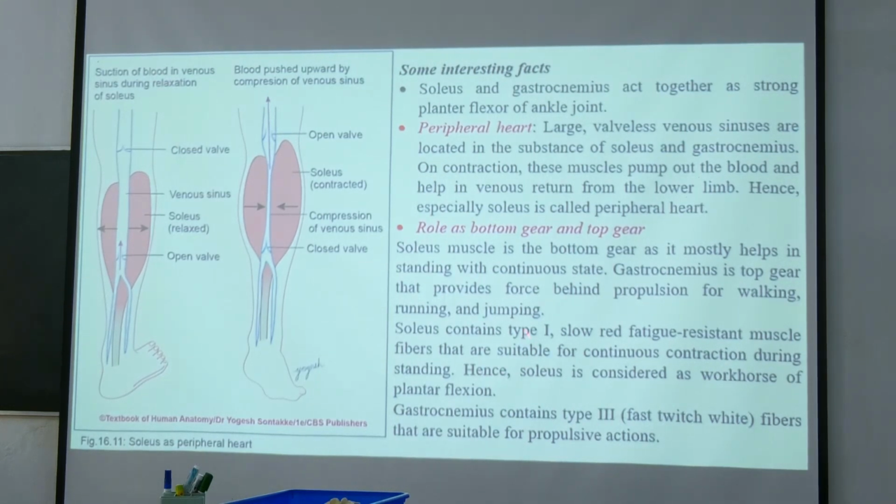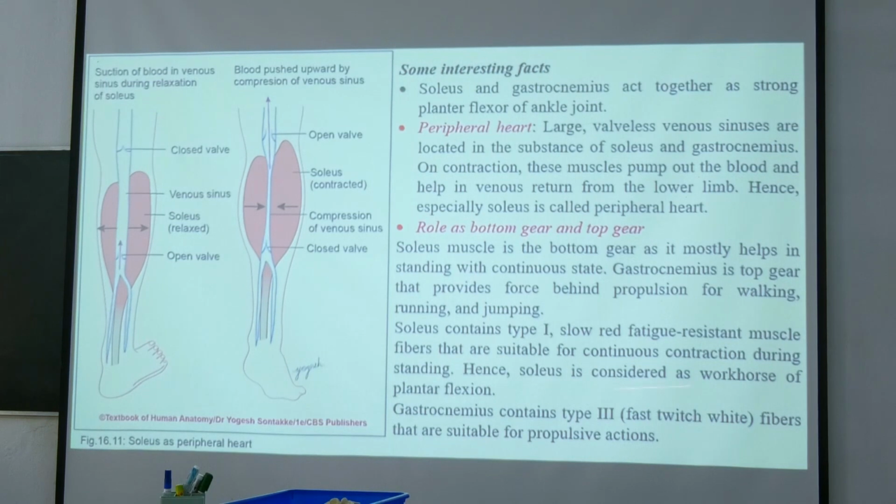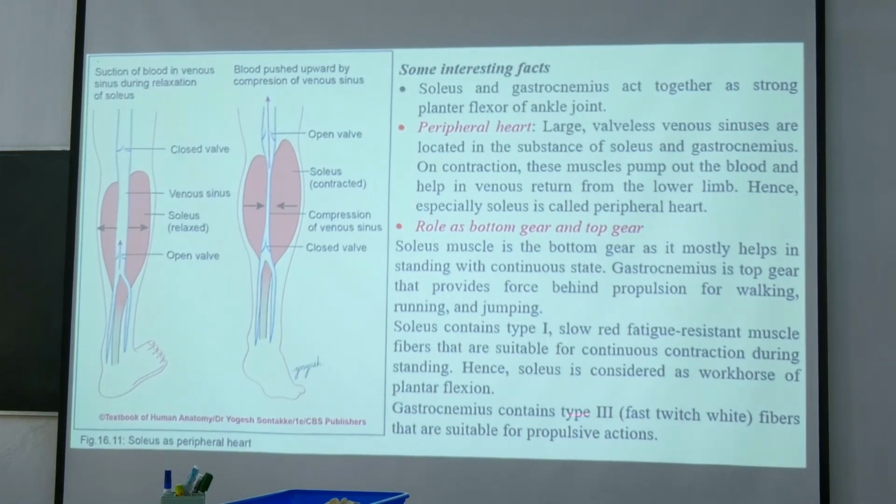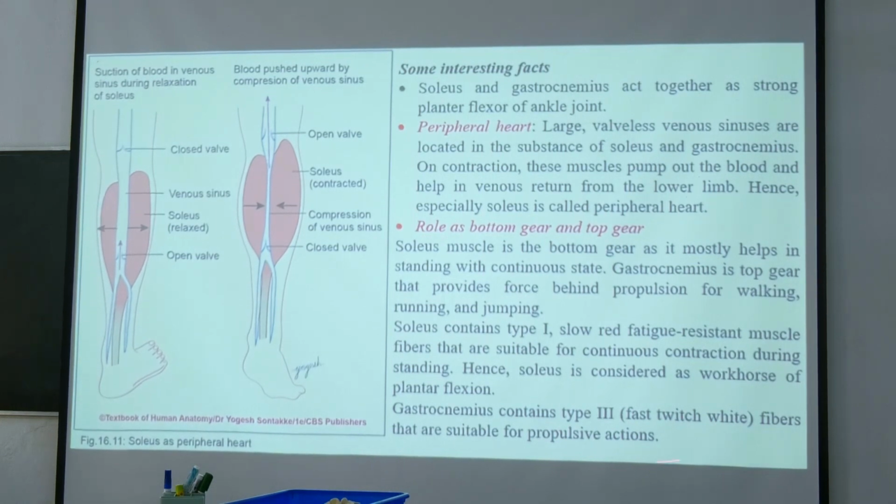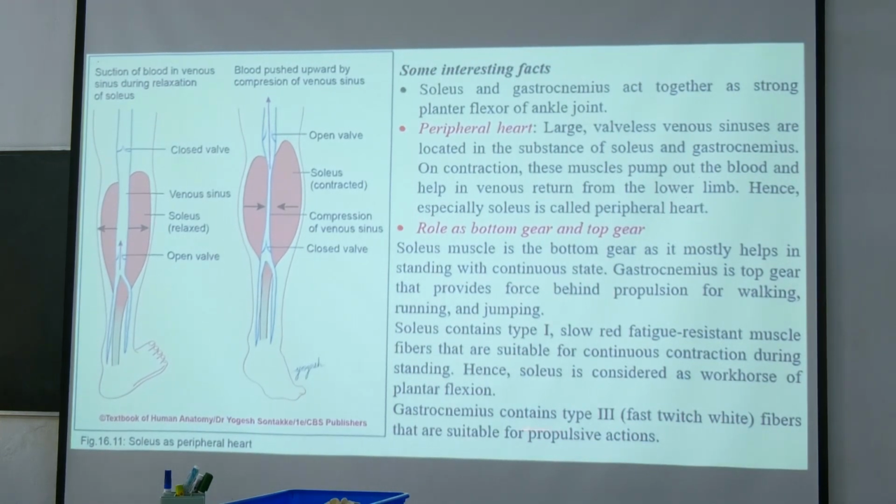Soleus contains type 1 fibers, that is slow, fatigue resistant muscle fibers that are suitable for continuous contraction during standing. Hence, soleus is considered the workhorse for plantar flexion, and gastrocnemius contains type 2 fast twitch white fibers that are suitable for propulsive actions. Okay.